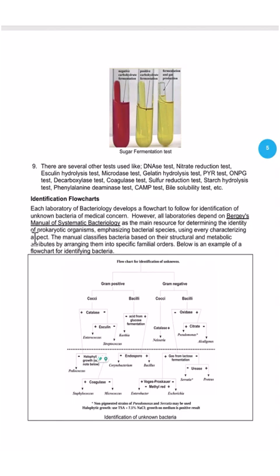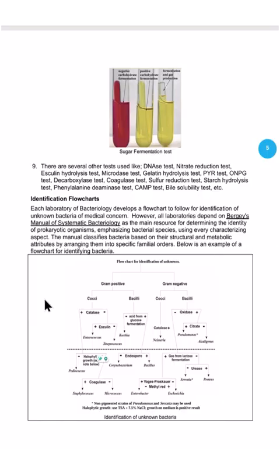We call it Bergey's Manual of Systematic Bacteriology, and this manual is found in all bacteriology labs for identifying the prokaryotic organisms, archaea and bacteria, emphasizing identification to the level of species, and using different characteristic attributes: the gram stain, the biochemical tests, the microscopy results, the gross culture characteristics on the medium, and so on.